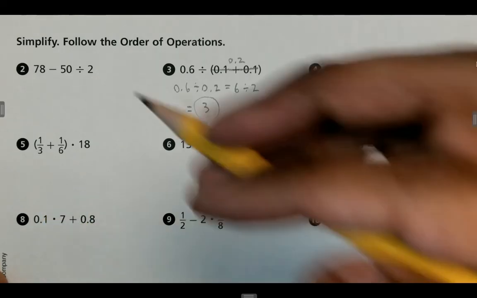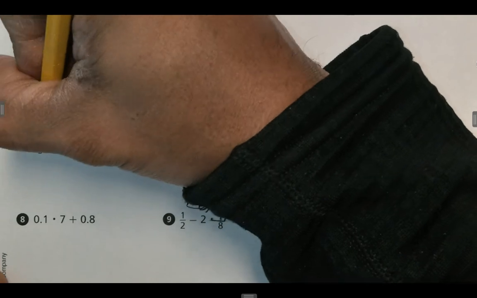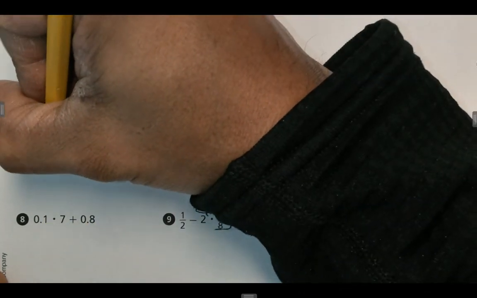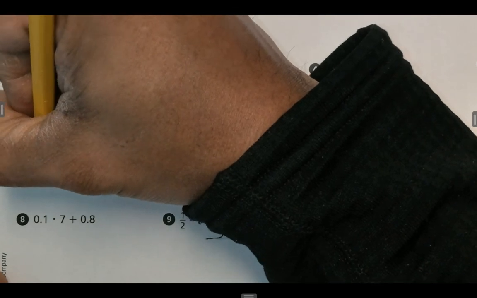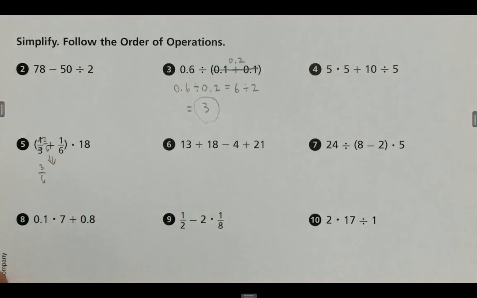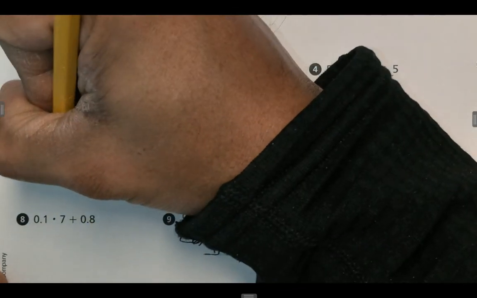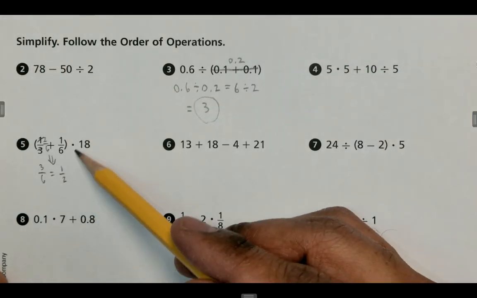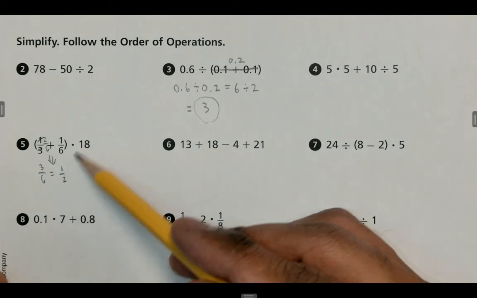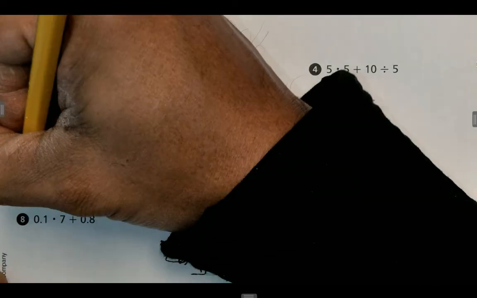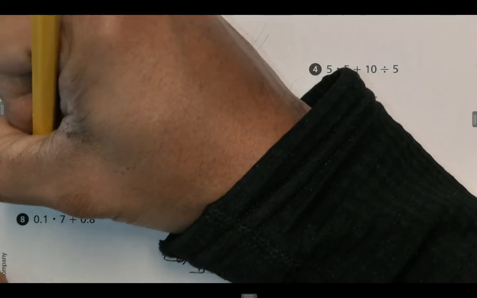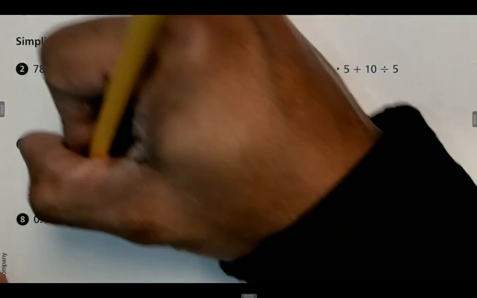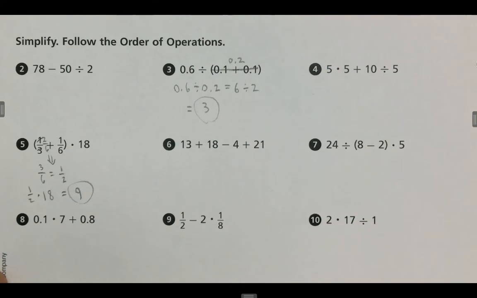We're going to rewrite 1/3 as 2 over 6. 2/6 plus 1/6 is 3/6, which can be reduced to 1/2. Now we want half of 18. 1/2 times 18. Can you do that as mental math? 9 is our answer.